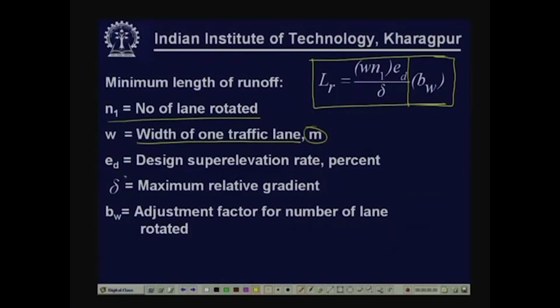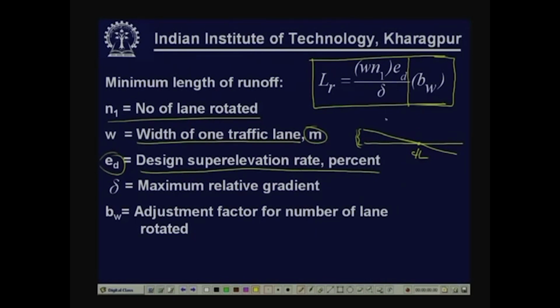This term is multiplied by E d. E d is nothing but the design super elevation rate in percentage. So, what it gives us basically, suppose this is the rotation with respect to the central line, say this is the central line, then W n 1 into E d gives us this distance. Now, W n 1 and E d is the design super elevation rate.